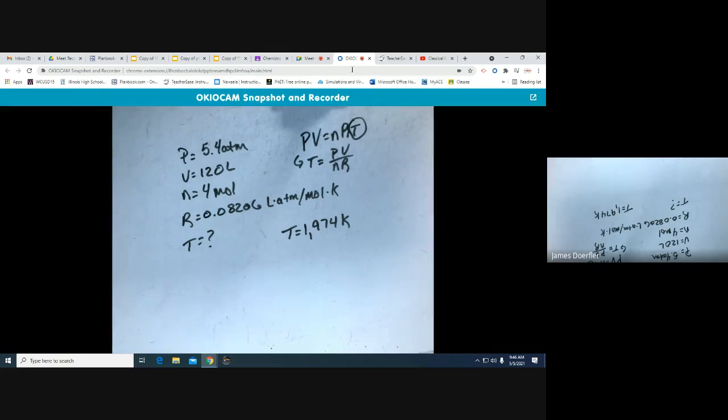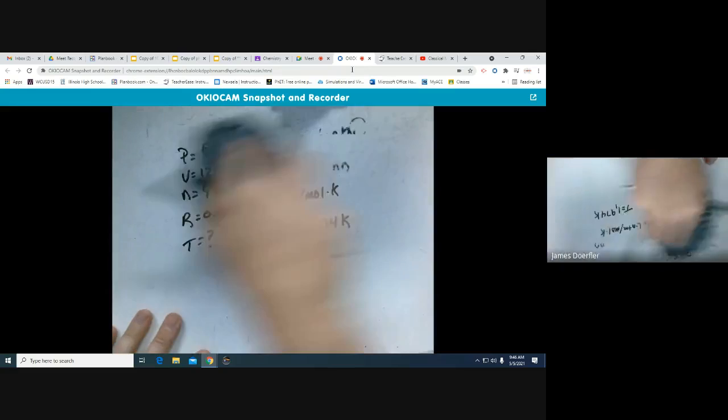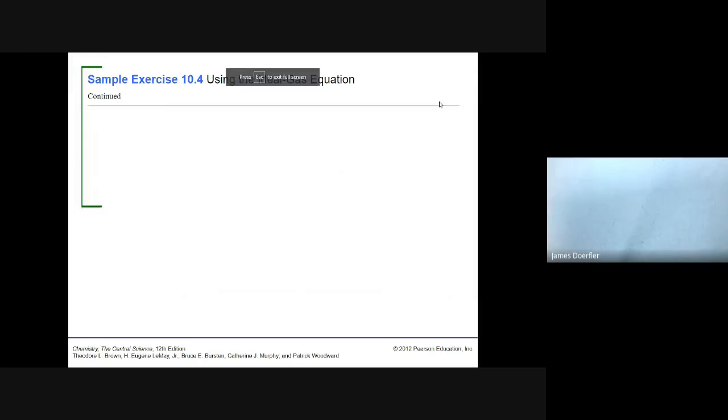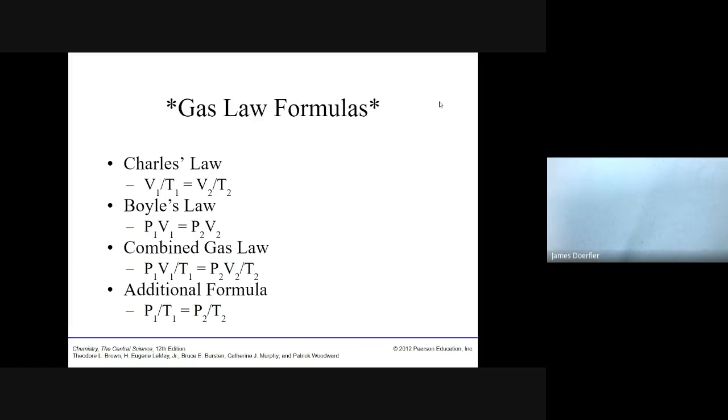Next, we're going to take a quick gander at a slide that is going to show us some previous formulas, also some new ones. So you've got your Charles's law, you've got your Boyle's law.